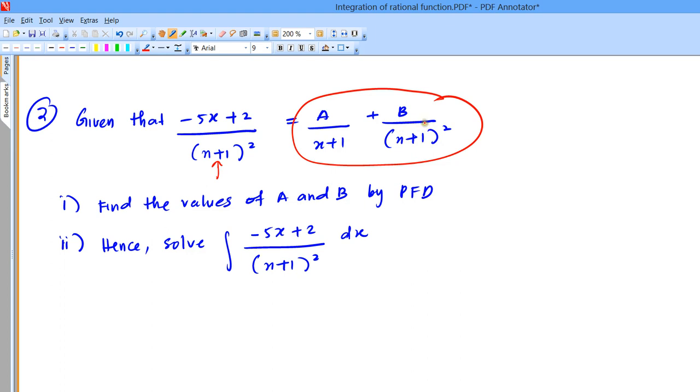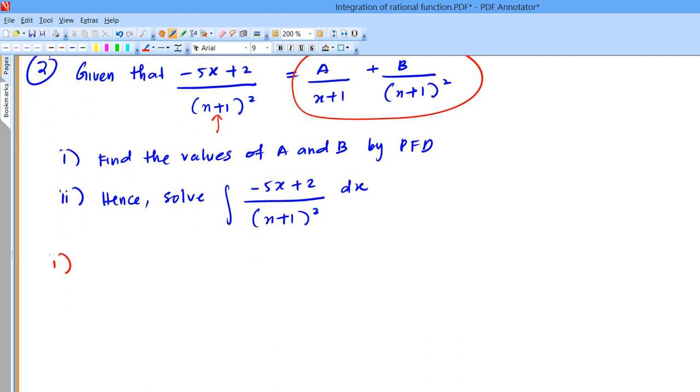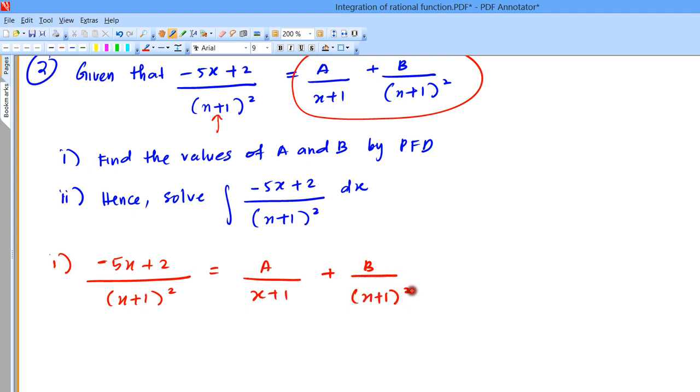So we can compare coefficients for 1 Roman. Negative 5x plus 2 over x plus 1 square equal to a over x plus 1 plus b over x plus 1 square.